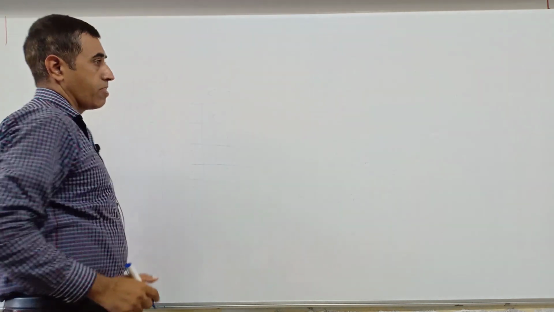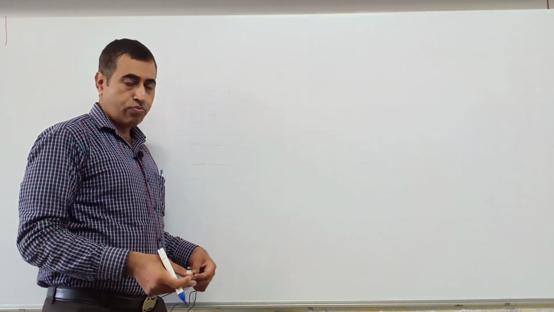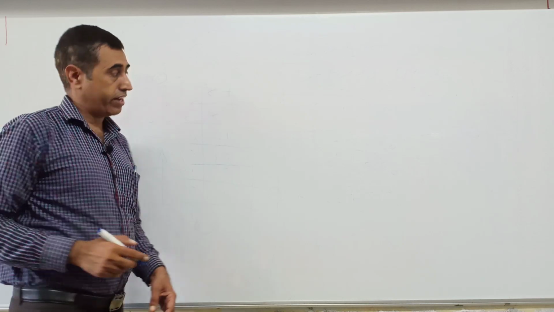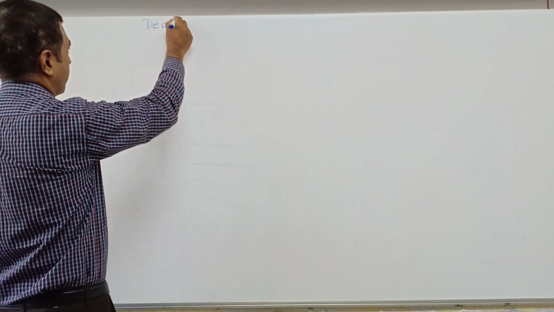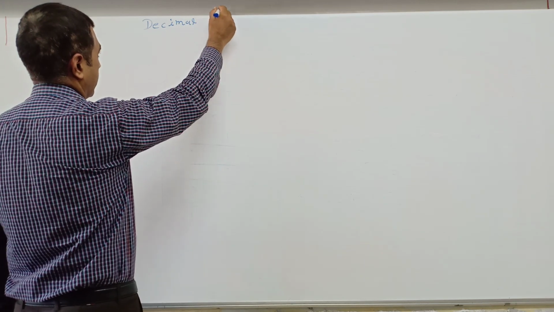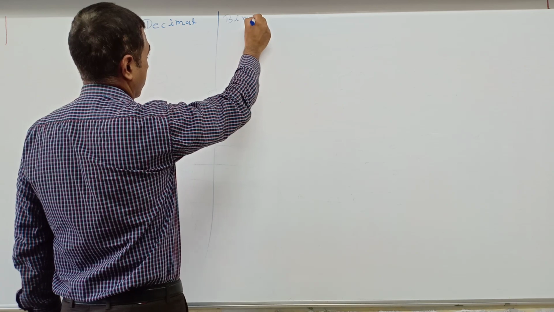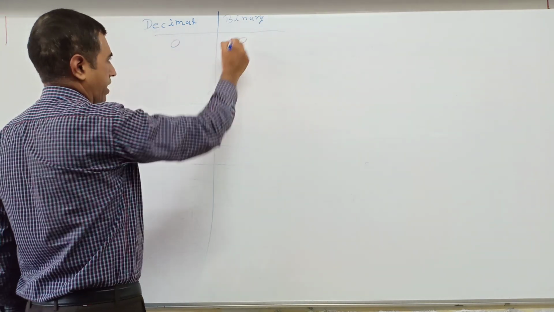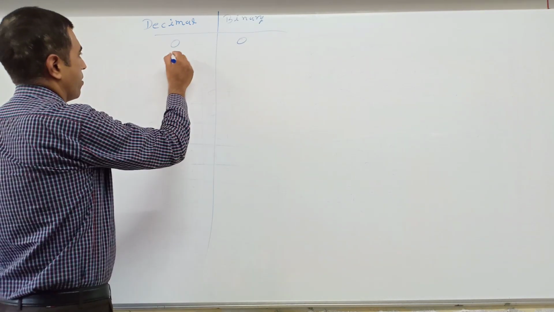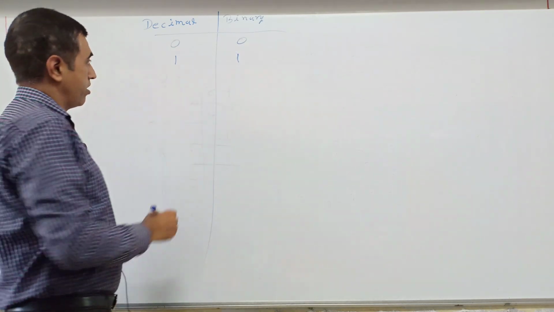Now we will see how to write the 1 to 15 various conversions in binary. So decimal number, and then we can convert it into binary. Suppose 0 is written, then we can write it 0. If it is 1, then we will write 1 in binary also.